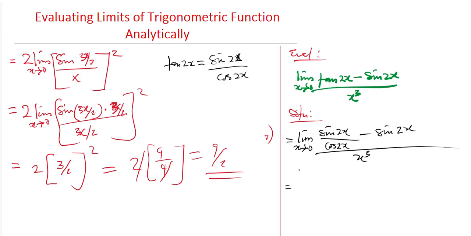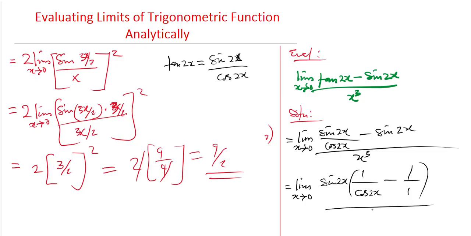We can just factor out sine 2x so that we can have the limit as x approaches 0 of sine 2x multiply 1 all over cos 2x minus 1, because sine 2x multiply 1 will give us sine 2x, right? And this is the same thing as all over 1. Everything all over x to the power of 3.